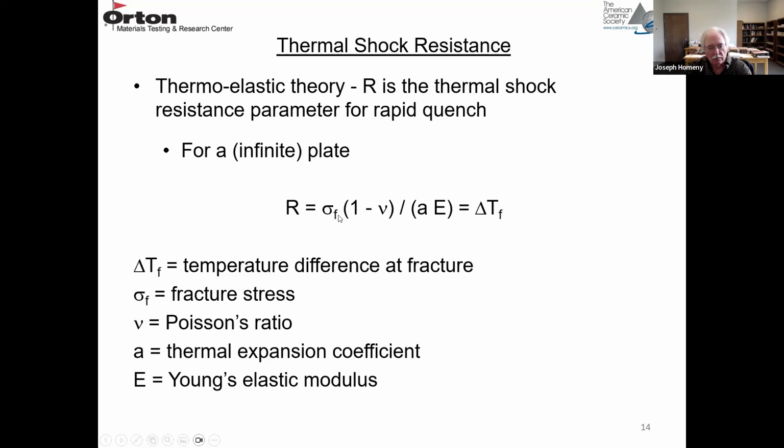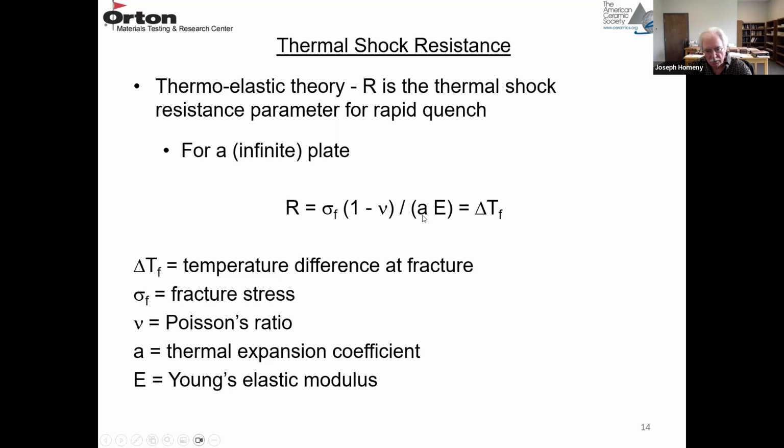So high strength, low thermal expansion, and low elastic modulus. Typically, if you make a material that has very high strength, you're also going to have high elastic modulus. So that is sort of an issue in this equation here. The more you increase the strength, you're also going to increase the E. So they're going to kind of work against each other to make a high R value.